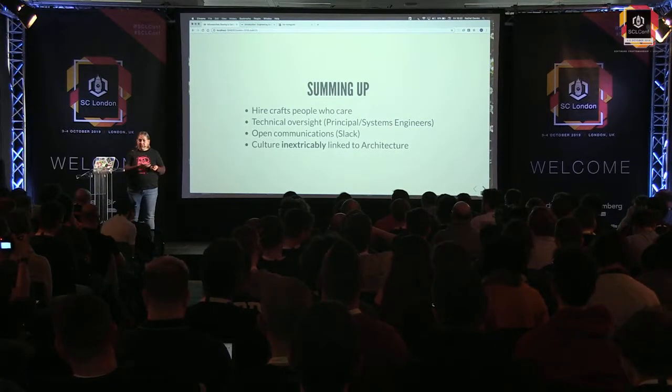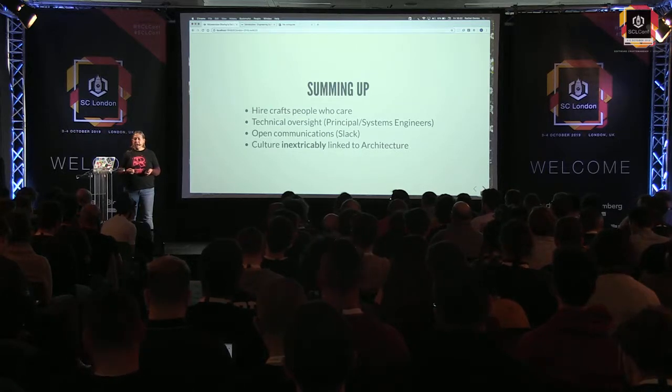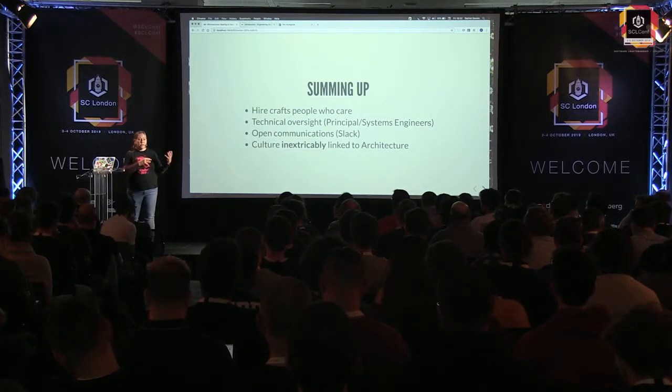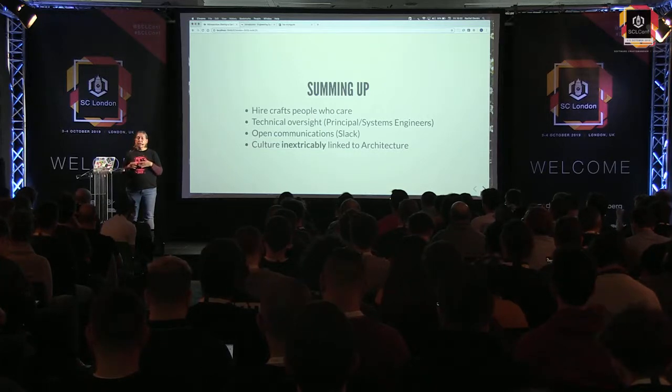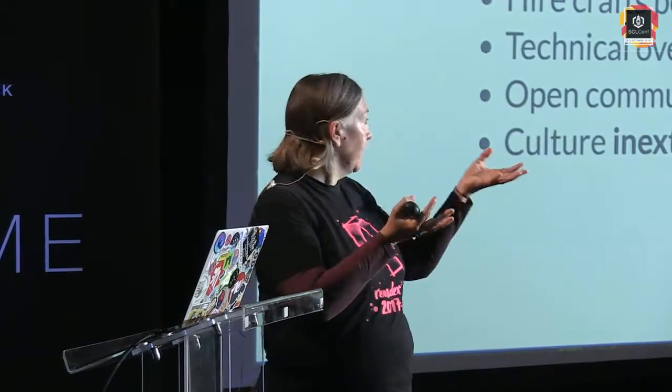We don't have any architects. We don't have any people whose official role it is to say, I am the technical authority over you. We have principal engineers and system engineers who are more consulted, and they then work across the organization to notice common patterns.